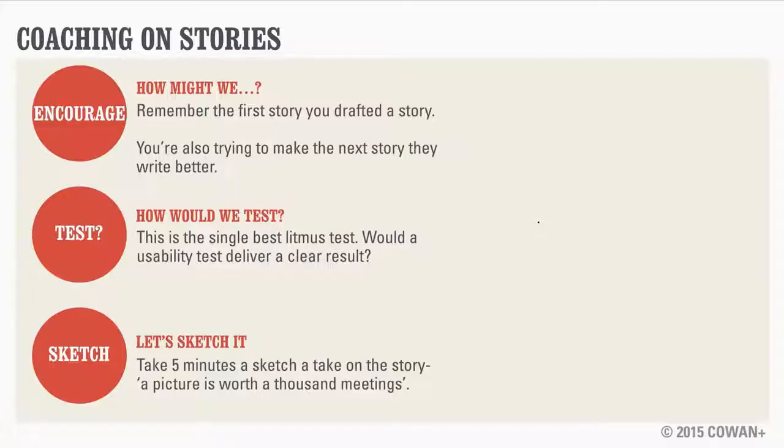And then finally, it's really helpful to sketch what the interface might look like for some of these stories. That's not a permanent thing, but it's a prototype, something that helps us think through our ideas and collaborate with others. So as we move forward here, I'll show you an example of that, and you'll begin to sharpen your own skills. And we'll do a lot more of that in courses 2 and 4.